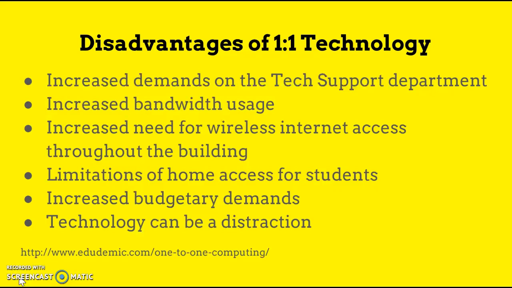You will need to be concerned with increased bandwidth usage, as well as the need for increased wireless internet access in all areas of the building. There are obviously going to be some limitations of home access for students. However, with the increased availability of public Wi-Fi hotspots, this disadvantage can be somewhat negated.